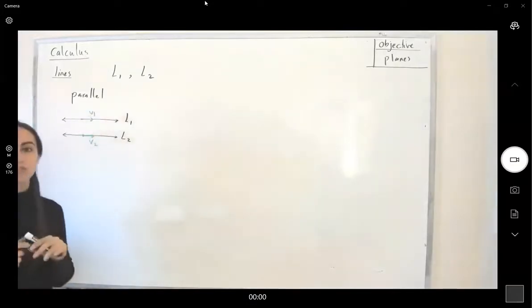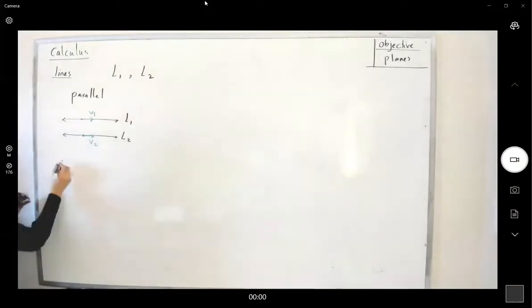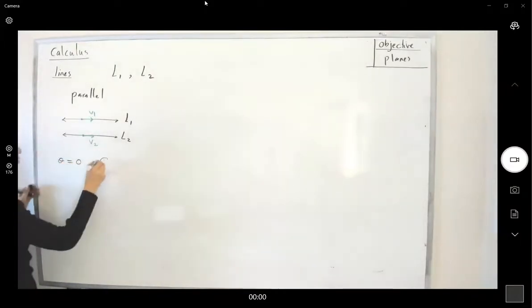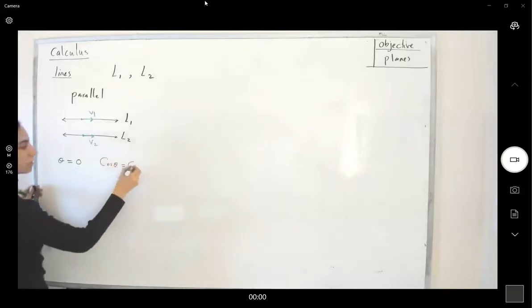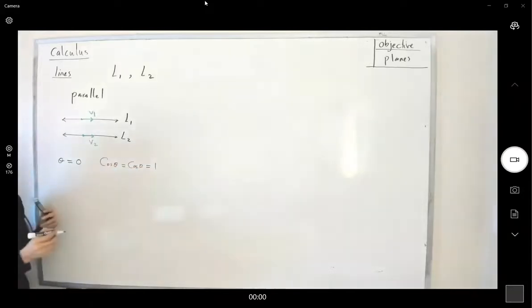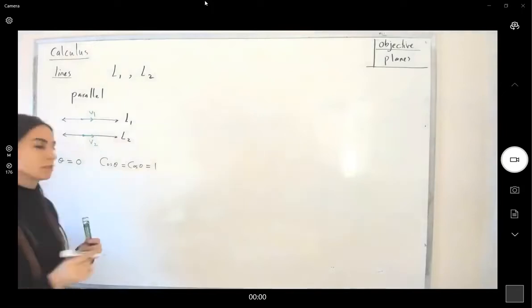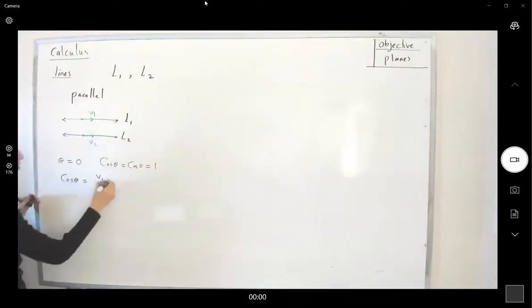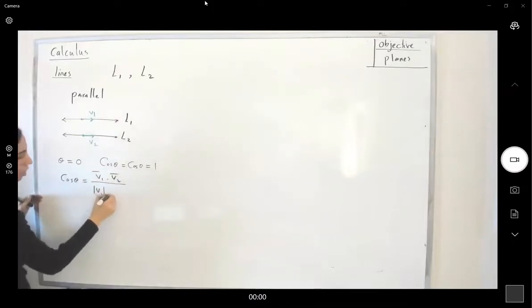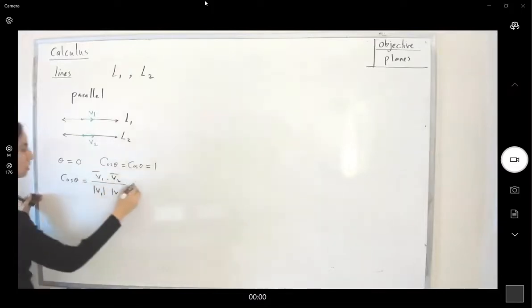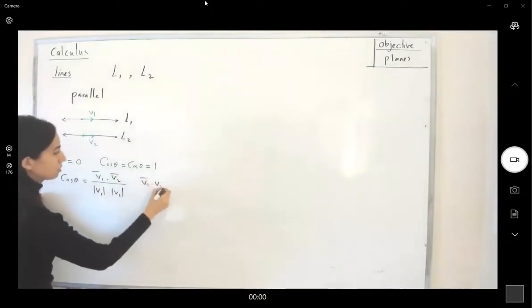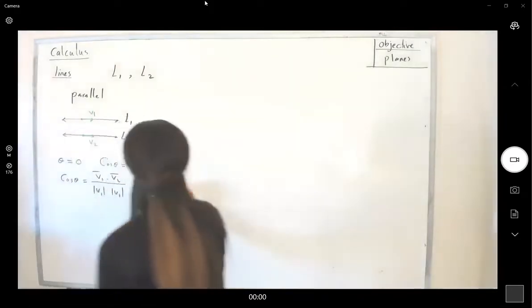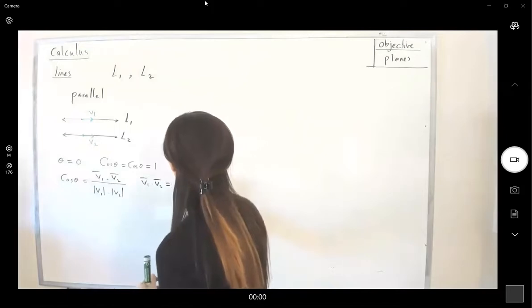So when they're parallel to each other, it means that the angle between them is equal to 0. When theta is equal to 0, cosine of theta is cosine of 0, which equals 1. It means that when you construct the angle between them, cosine theta, which is V1 dot V2 divided by the magnitude of V1 times the magnitude of V2, this V1 dot V2 is nothing but the multiplication of their magnitudes.